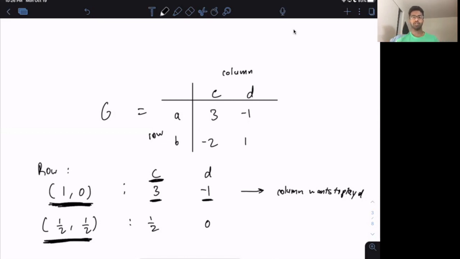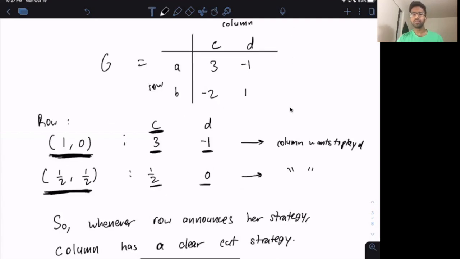So if row announces her probability or her strategy, what column can do is compare: what's my expected value if I play option C versus what's my expected value if I play option D, and compare which one's higher or lower. In this case, column is going to want to minimize that value, so column's just going to choose the minimum of that, right?